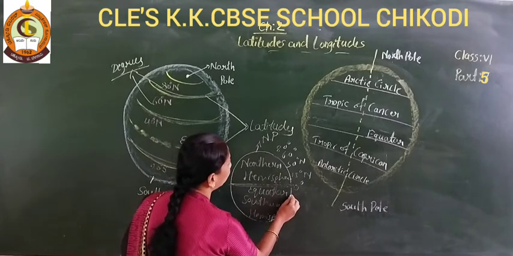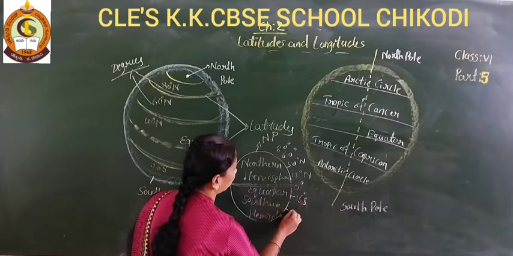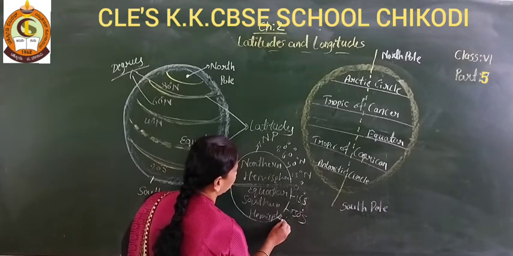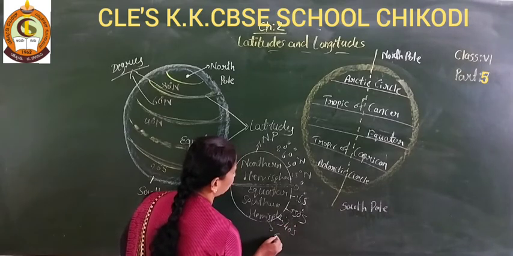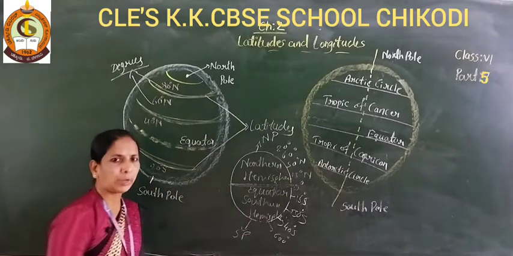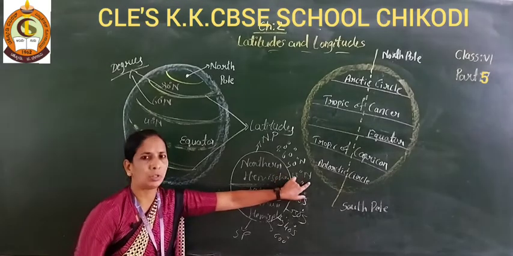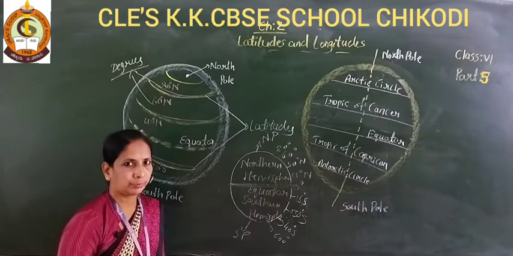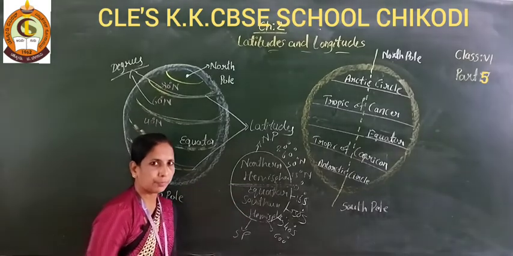Like that, here are 15 degrees south, 30 degree south, 40 degrees south, 60 degrees south, and the south pole. N indicates north, and S indicates south. All these latitudes are measured in degrees.